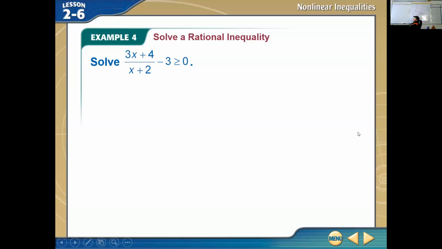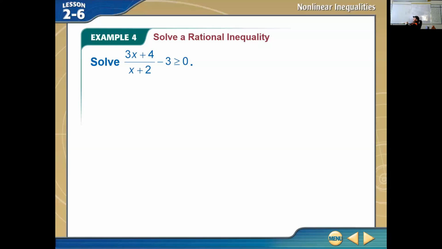Okay, so here we want to solve a rational inequality. Rational inequalities, we're going to do this primarily by graphing it. Where do we fall beneath the x-axis in this case? Analyzing this graph, we know we have a vertical asymptote at -2, because if we were to just isolate the rational function and try to graph that, m is equal to n.